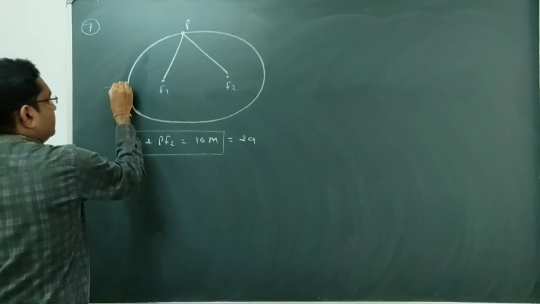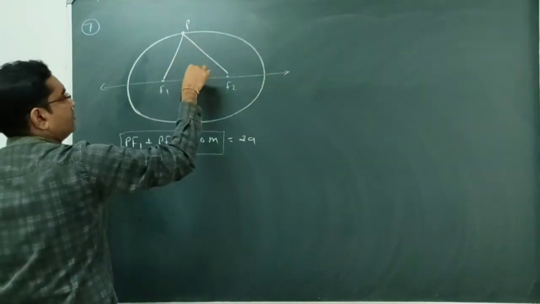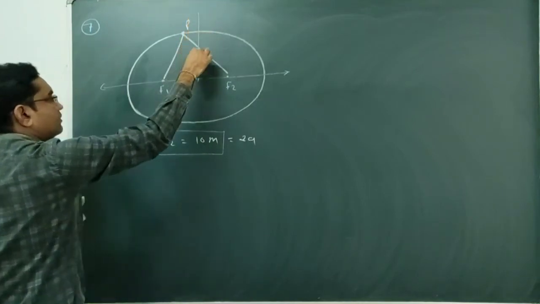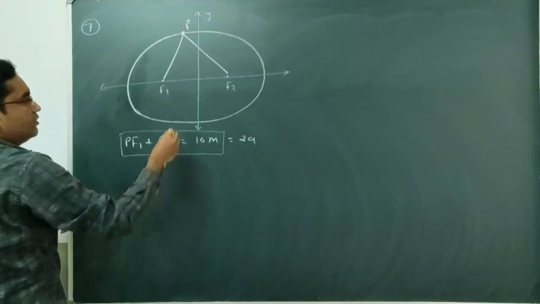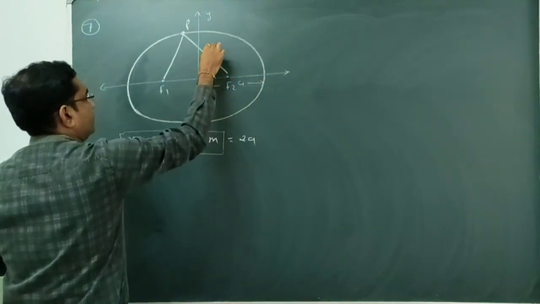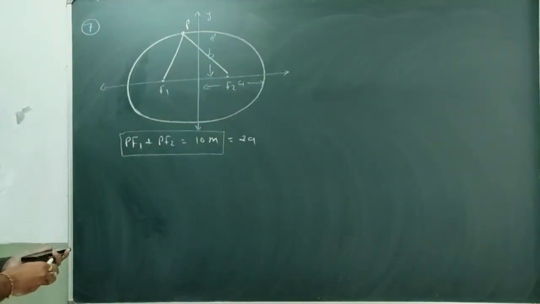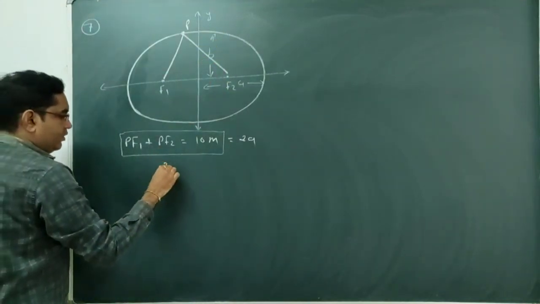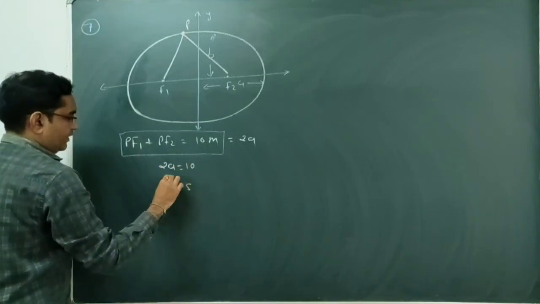This will be the major axis, and passing through the middle, this is the minor axis. This length is a, and this will be b, the semi-minor axis and semi-major axis. So here we are getting 2a equal to 10 and a equal to 5.